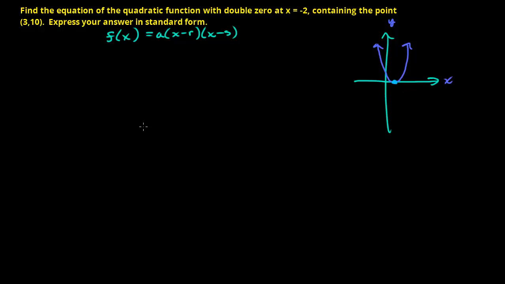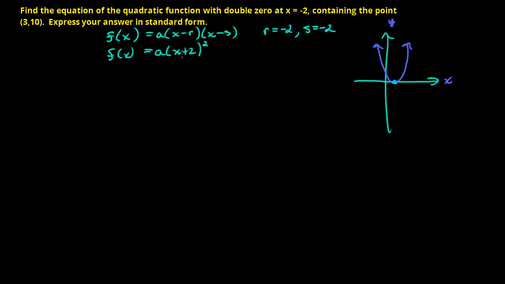Now, the reason that we call this a double root is because when this is written in factored form, we've got two values. r is equal to -2, and s is equal to -2 as well. So our function f of x would be equal to a times (x plus 2) squared.